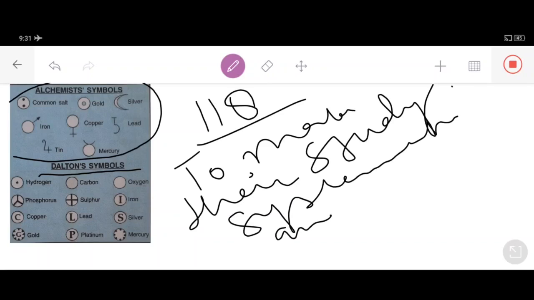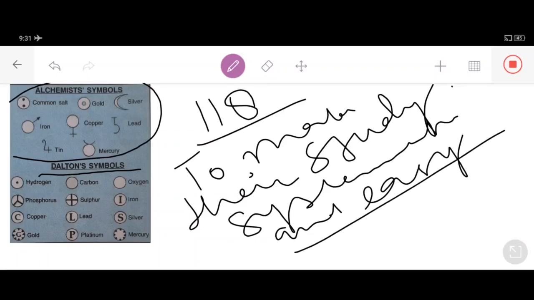systematic and easy, and it becomes easy for us to write or remember the elements. So if somebody asks why we represent elements by their respective symbols, it's only to make their study systematic and easy, and to make it easy to write or remember those symbols.